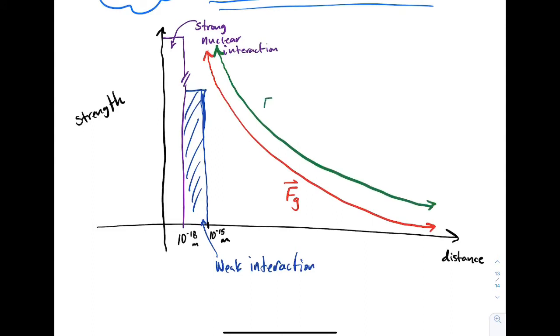This is the electromagnetic force. I've drawn it, as you can see, the same shape as the gravitational force, but it is always stronger than the gravitational force. And believe it or not, that's a good thing.